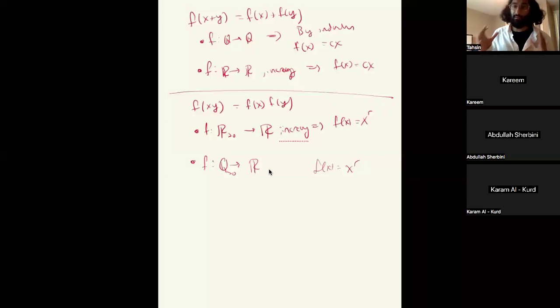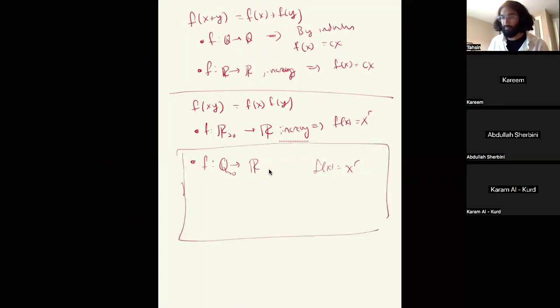The way you should think about this, this last case is really some kind of number theory thing. Because what you do is you take your number x and you write it as p1 to the e1, p2 to the e2, p3 to the e3, and so on, where p1, p2, p3 are the primes, and the exponents can be positive or negative. Does it make sense? So like 5 over 6 would be 2 to the minus 1, 3 to the minus 1, 5 to the 1.